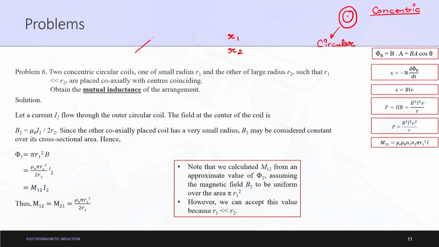Coaxially means both the coils have the same axis. If the axis is same with centers coinciding, it is nothing but concentric only. So they are placed coaxially with centers coinciding, then obtain the mutual inductance of the arrangement. The formula is also updated here for a quick reference. I keep on adding the formulas here.